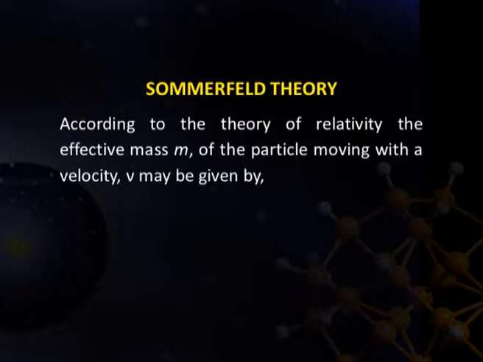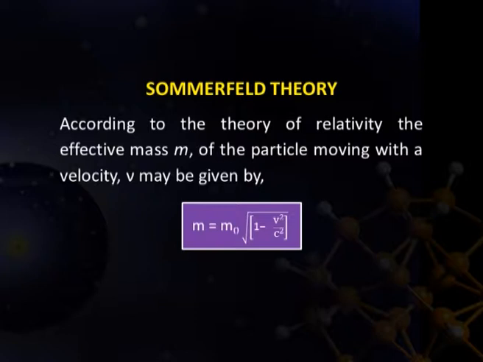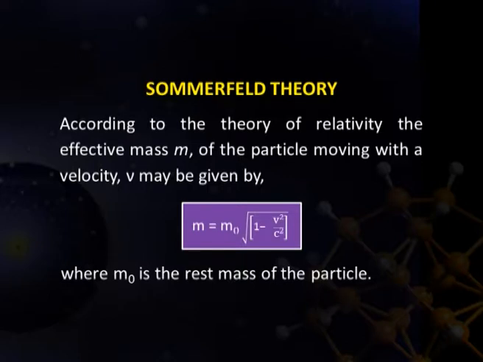According to the theory of relativity, the effective mass m of a particle moving with a velocity v may be given by m is equal to m0 upon under root 1 minus v square upon c square, where m0 is the rest mass of the particle.